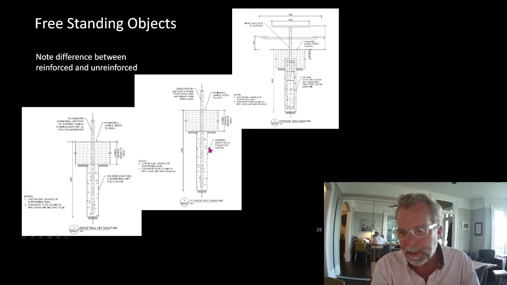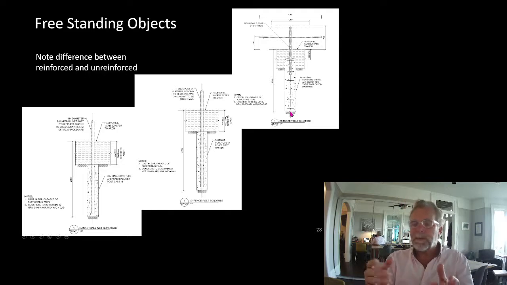Fence post, basketball net, these are essentially the same. Outdoor table. Now this is one that's subject to larger forces, and we've put some reinforcing steel in. If we are putting reinforcing steel in our sonotube, the post doesn't need to go all the way to the bottom. We just transfer the bending from the post into the drilled pier.